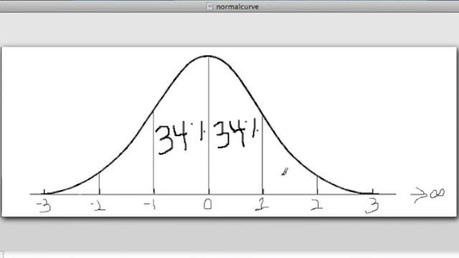Moving on, right here between 1 and 2, 14%. And over here, 14%. Notice that even though this is on the negative side, it's still a positive 14% because we're concerned about the area underneath the curve, not these values.